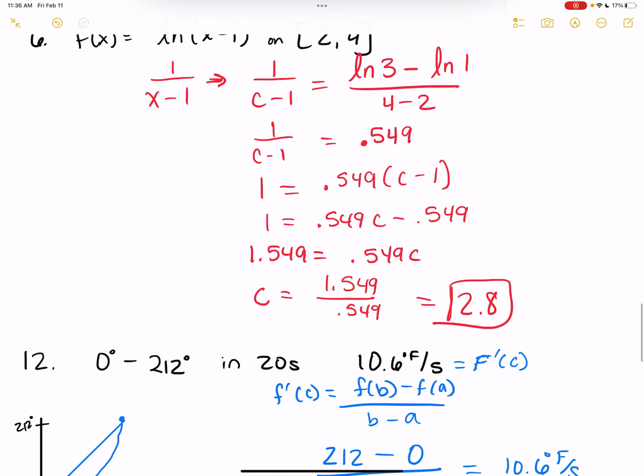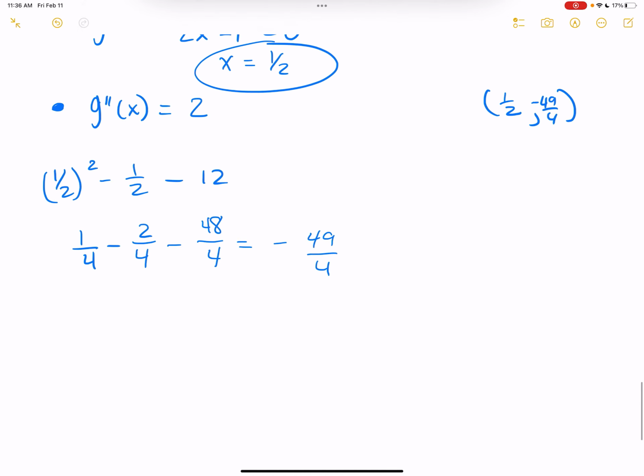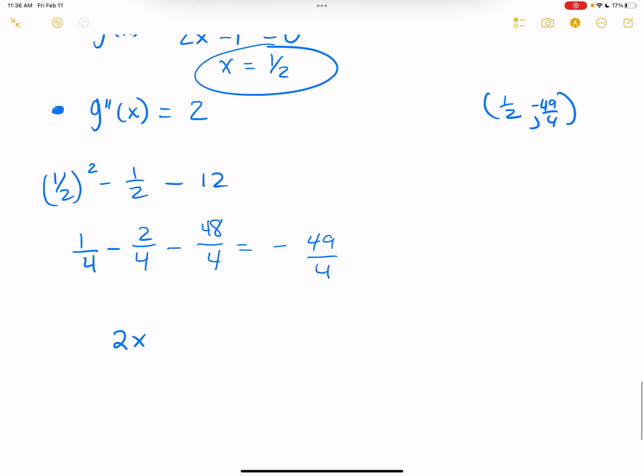So we would do 2x minus 1 is less than 0. So 2x is less than 1. x is less than 1/2.